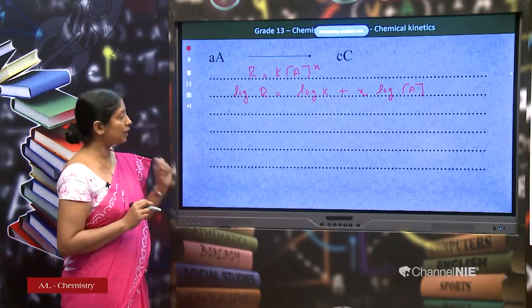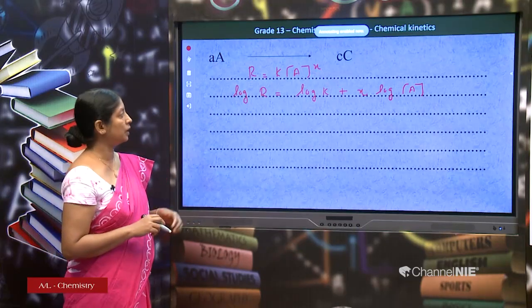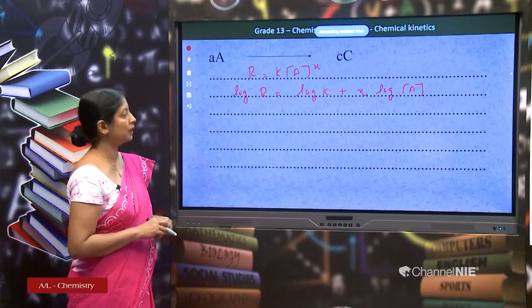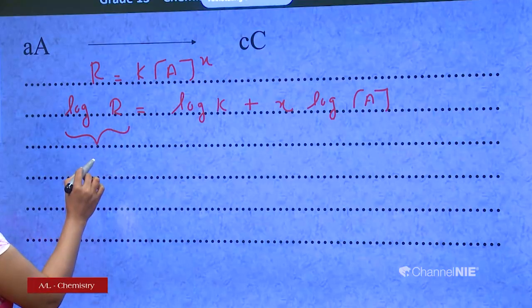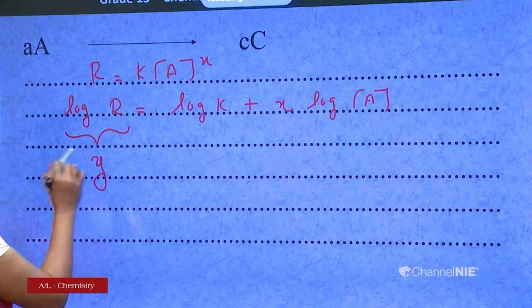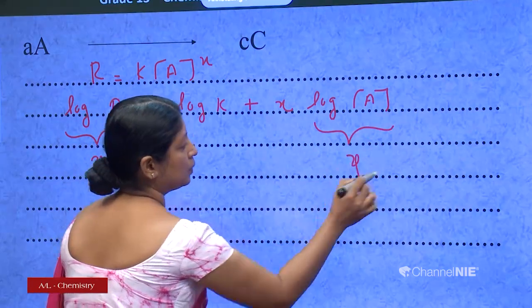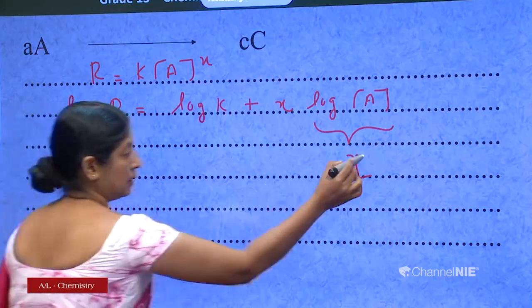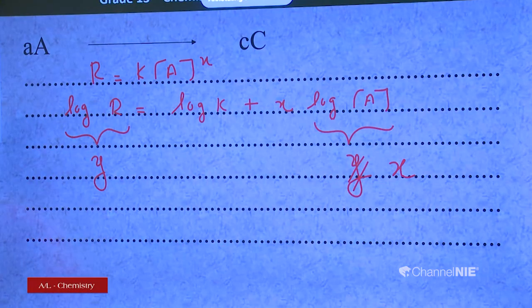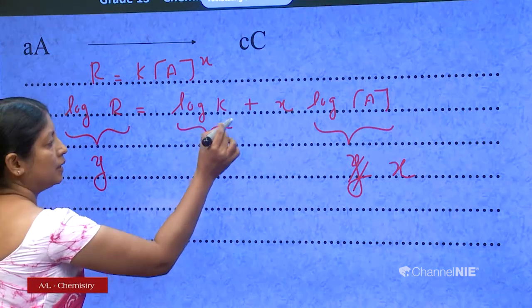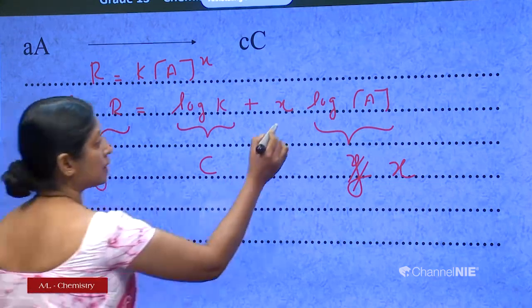But to find out the exact order with respect to any reactant, whatever the order, we can use this expression. All we need to do is consider this value on the y axis and this value on the x axis, and you get a new graph. What is this then? This is our intercept, this has a positive intercept, and this is our slope.